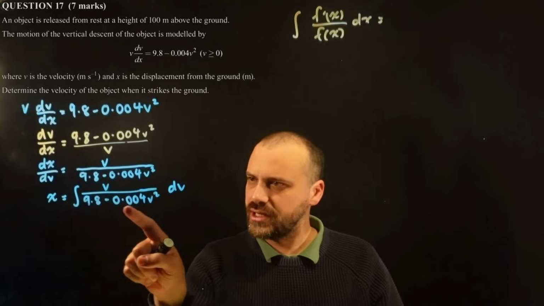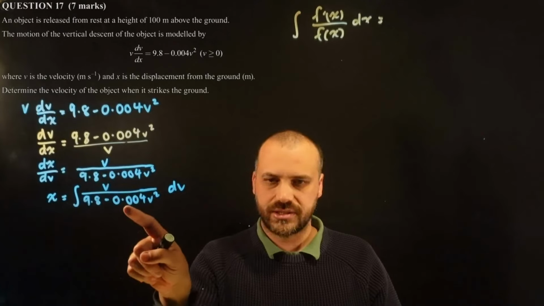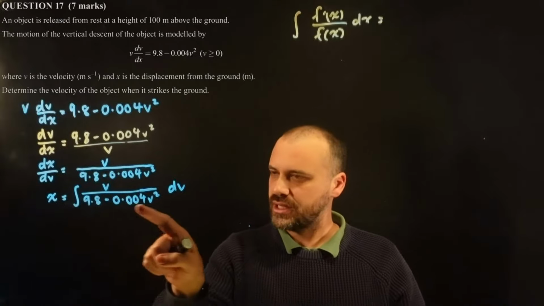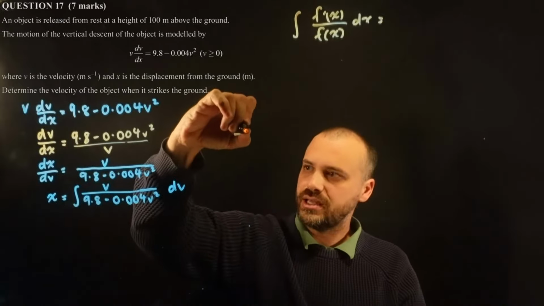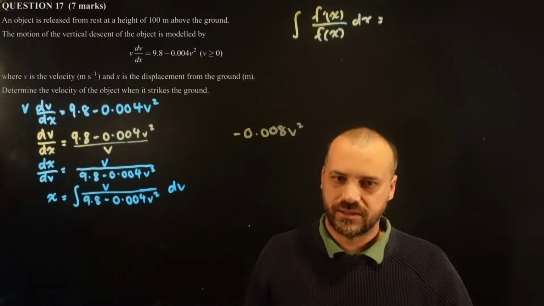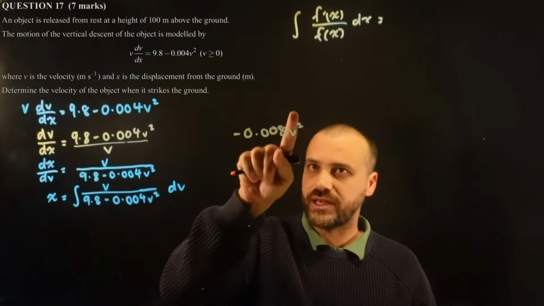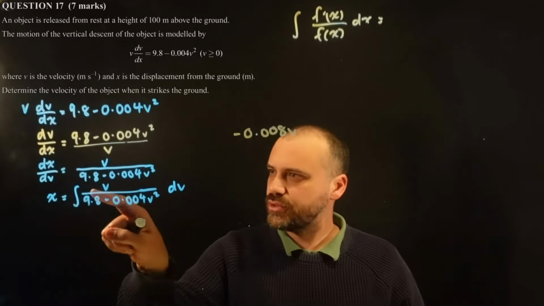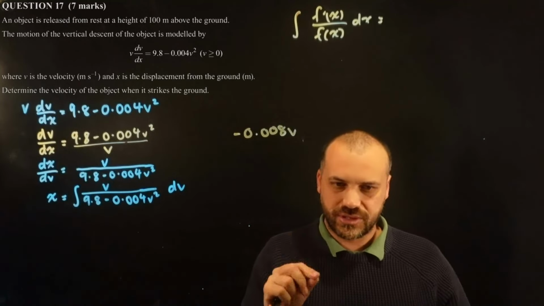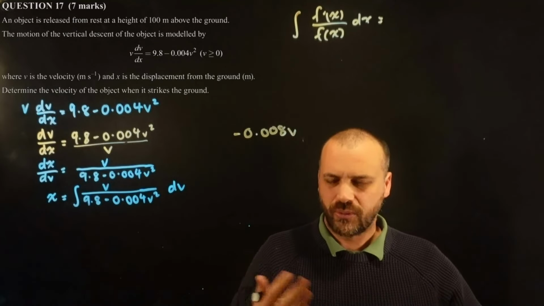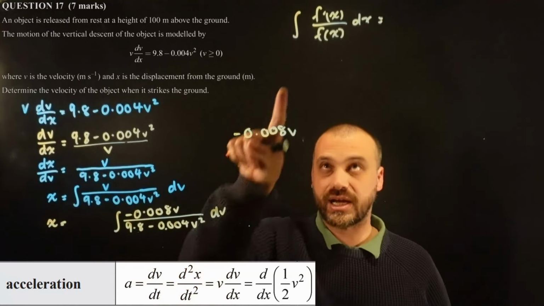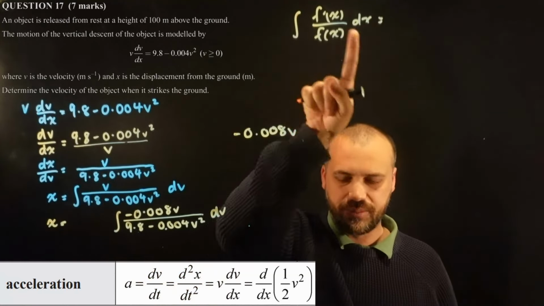Now, if this is f of x, the derivative of this is negative 0.008 v squared. So I really want the top of this to be negative 0.008 v. Why don't I just make it that? Well, that's great news because now that works exactly like how this is shaped, so that's good.